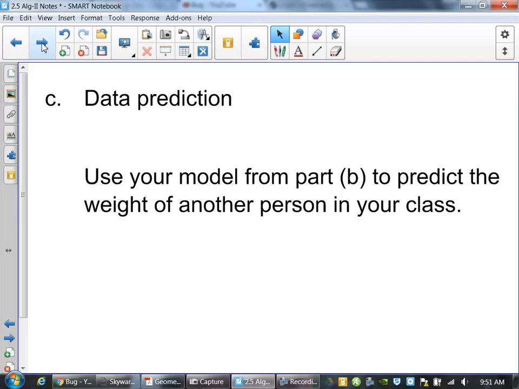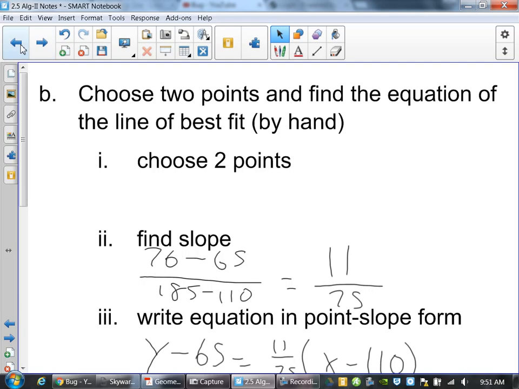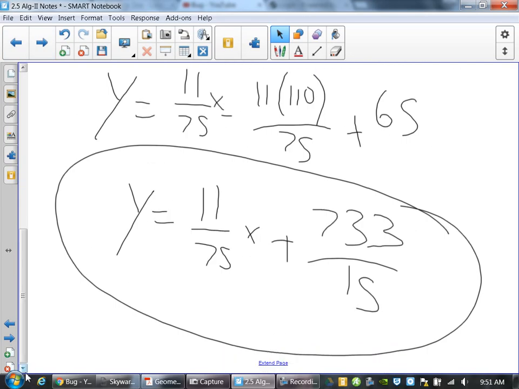So we need to figure out your height in terms of your weight. What's your weight? 180. So if we use this really large equation and use 180 for x, we should get his height.